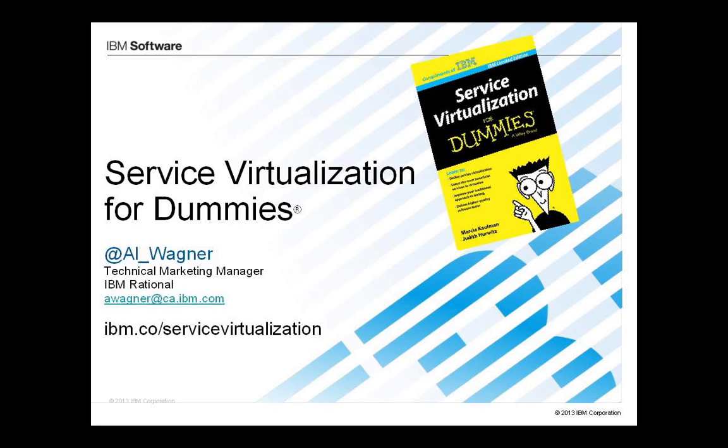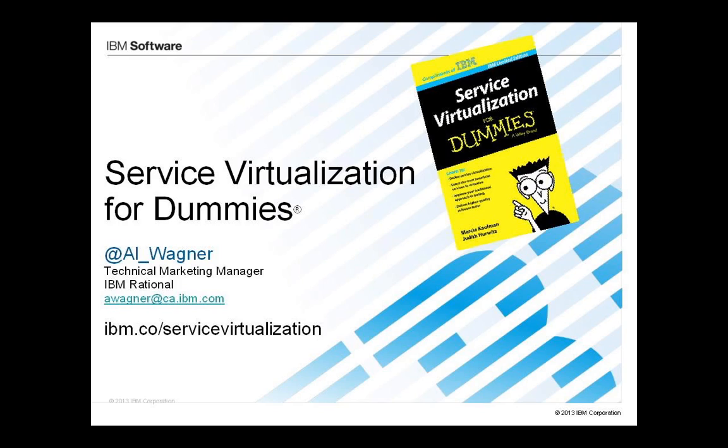As Cesar said, I have delivered this session a number of times, and as part of this book that we created and published back in January of this year, it was myself, Peter Klenk, Cherie Bergeron, and the two people listed on the cover, Marcia Kaufman and Judith Hurwitz from Hurwitz and Associates, who really put together this content.